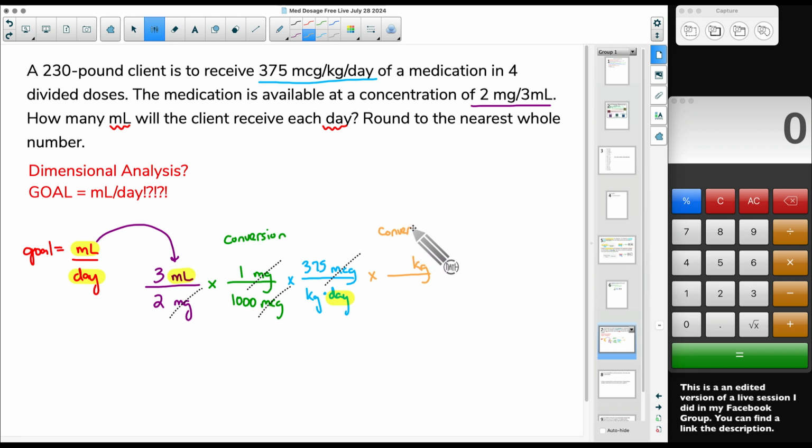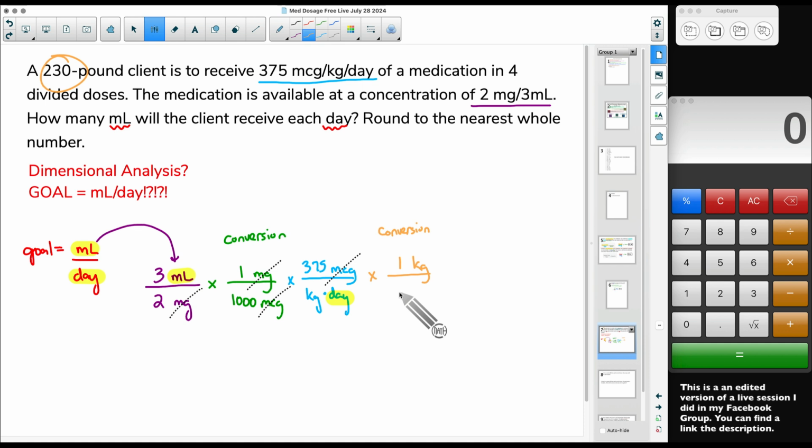We need to do another conversion. And some of y'all may be thinking, oh, I'm just going to divide this by 2.2. Technically, that's right, but I am not touching the calculator until I've met this goal. Not touching the calculator, not going to round anything. I'm going to meet my goal of milliliters per day.